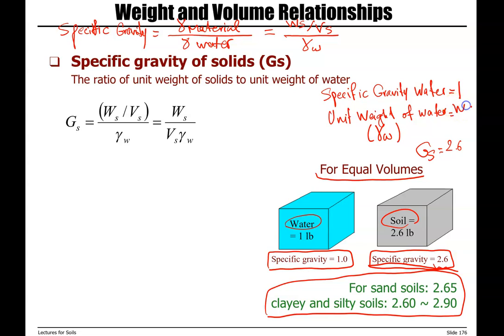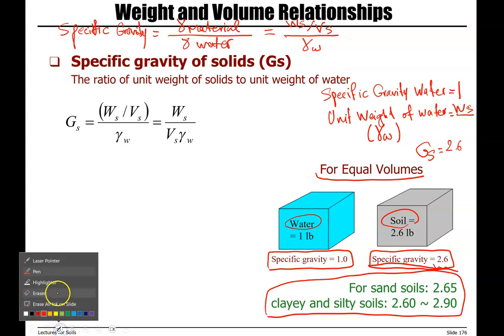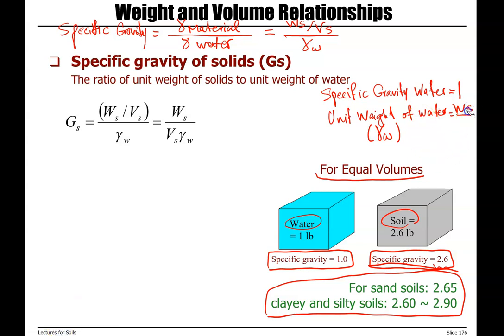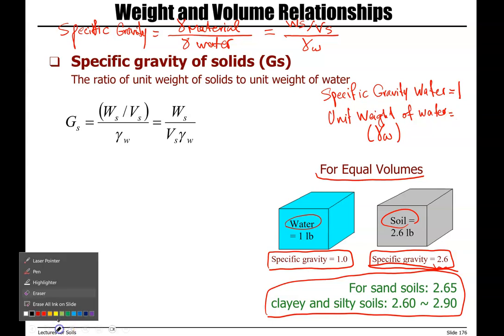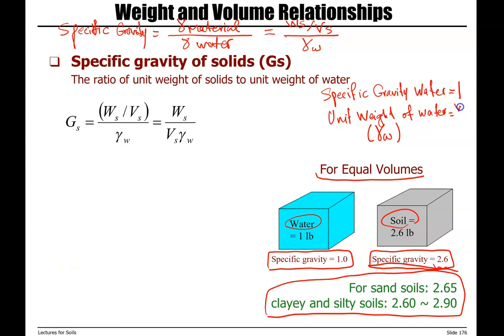It's weight of water divided by volume of water, and it's equal to 62.4 pound per cubic feet.